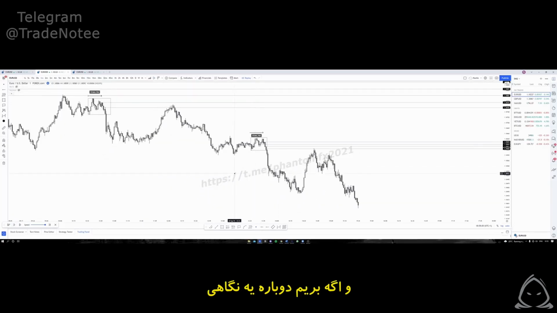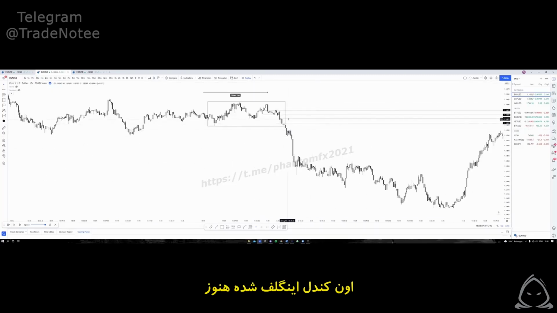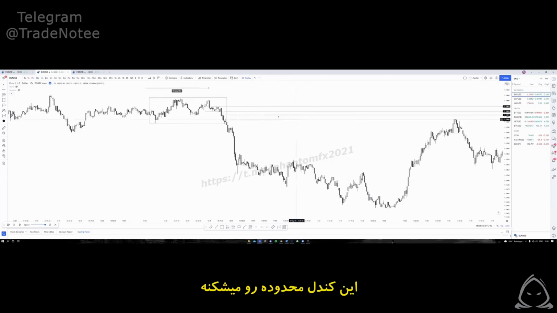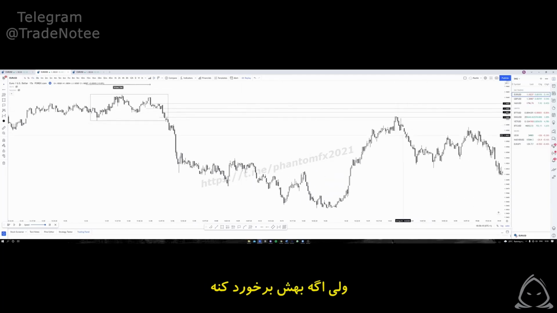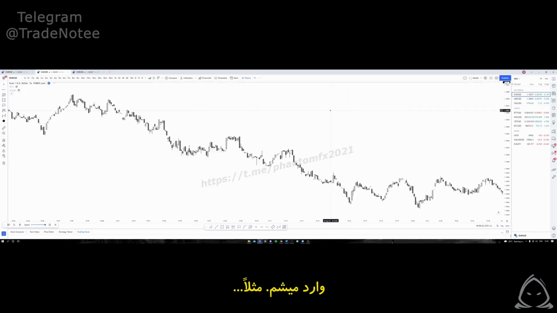And if we go and look at that candle, that engulfed candle is still within the time window. The range hasn't broken until here. This breaks it. So essentially this is the candle that breaks the range. But if it hits that, I'm more than happy to take very low time frame entries.